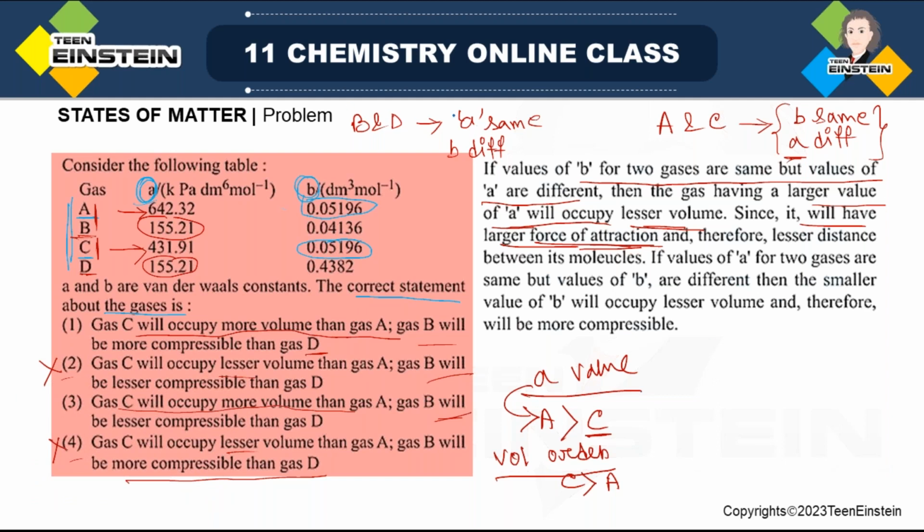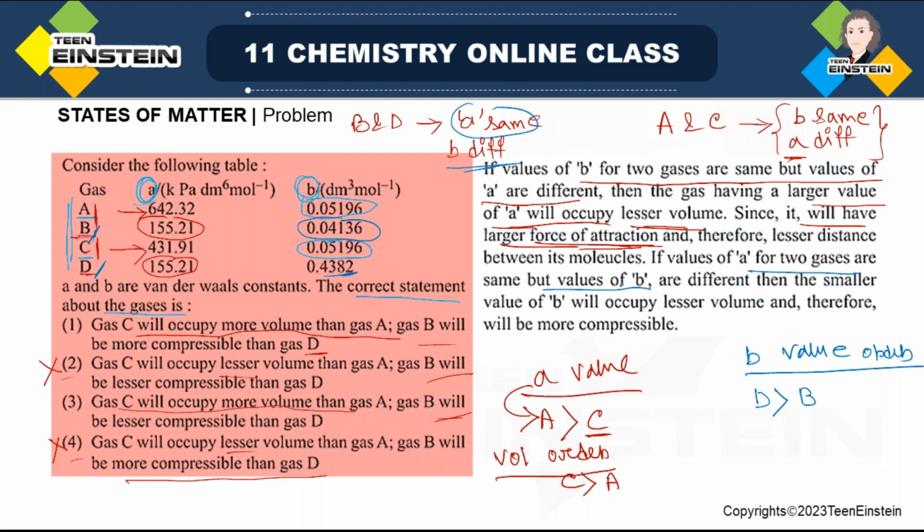Now for B and D, a is the same and b is different. If the value of a for two gases is the same but the values of b differ, in which case is b high? Comparing the b values, D has the larger b value compared to B, because it is 0.4382 against 0.04136.